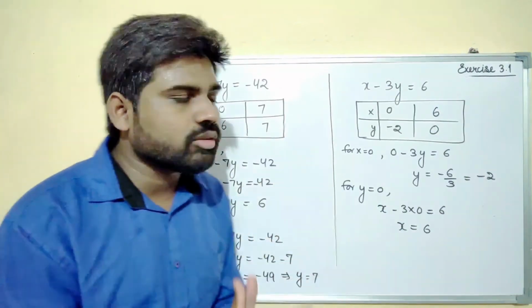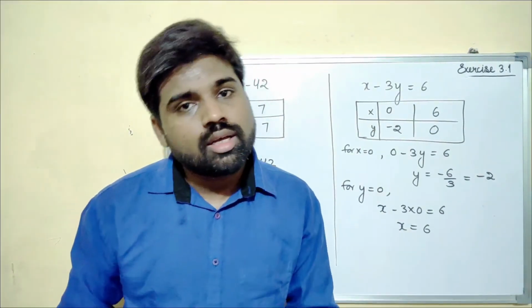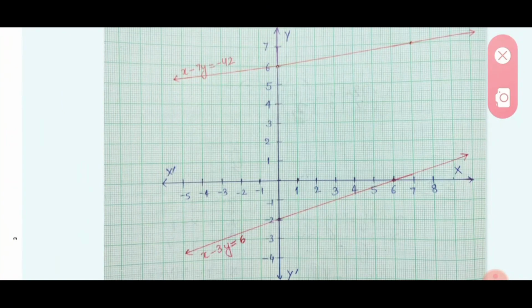Now let us plot this on the graph. You can see it on the screen. As you can see from the graph, the line corresponding to the equation x minus 7y equals minus 42 passes through (0, 6) and (7, 7). These were the 2 points that we got, right? After joining these 2 points, you will get a straight line as shown in the graph.